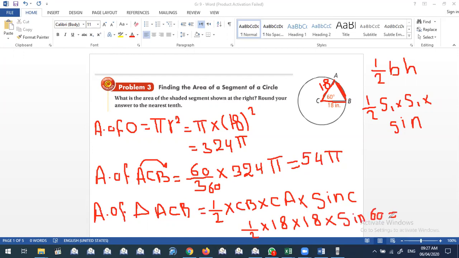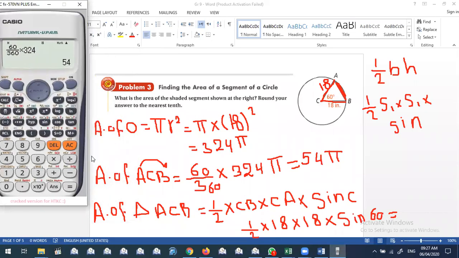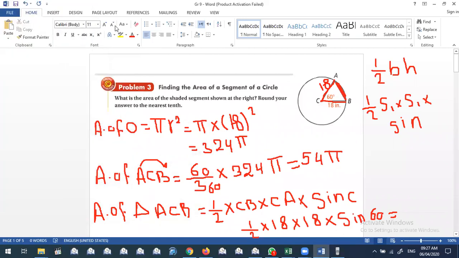So let's find the answer by using our calculator. Half times 18 times 18 again times sine 60. So the final answer is 81 square root 3.